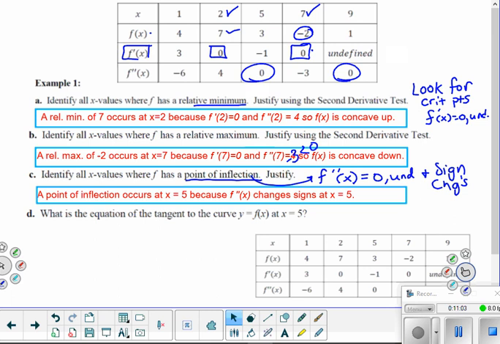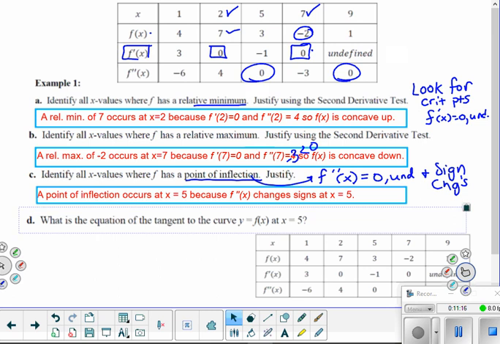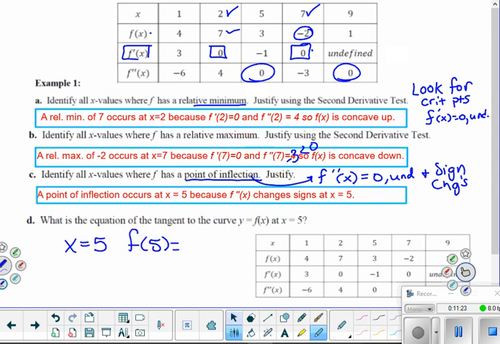What is the equation of the tangent line to the curve of f of x at x equals 5? This is just a nice review. See if you can hit pause and write this out for me. So at x equals 5, I look on my table and I see that f of 5 is a 3. So that gives me an ordered pair of (5, 3), doesn't it?